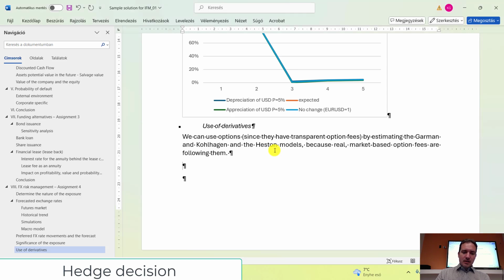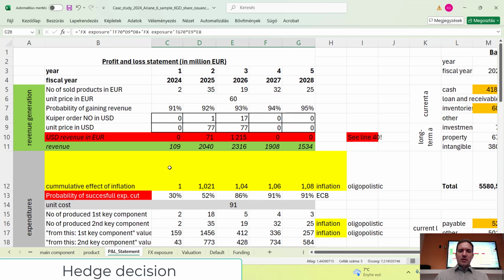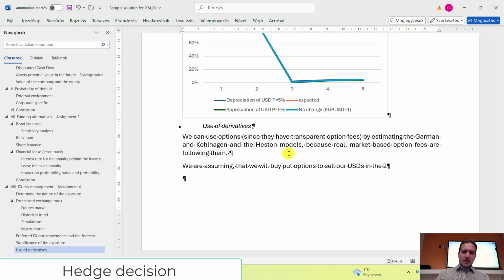So we are assuming that we will buy put options to sell US dollars in the second year, second and third year, right now.